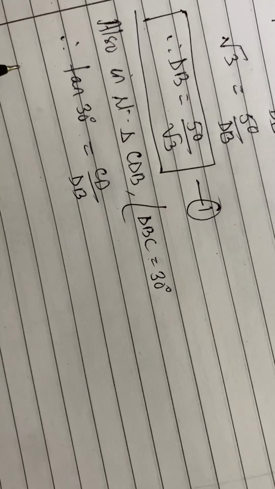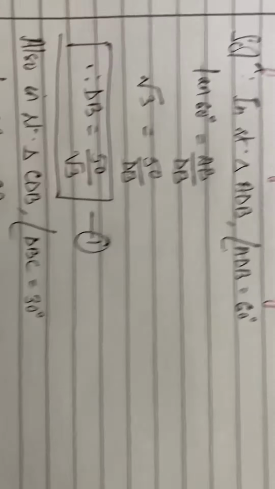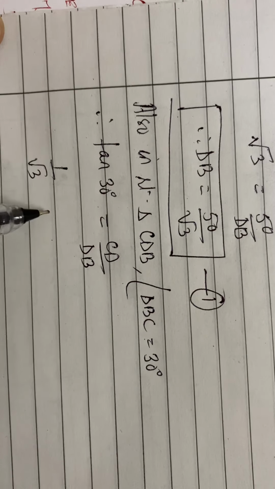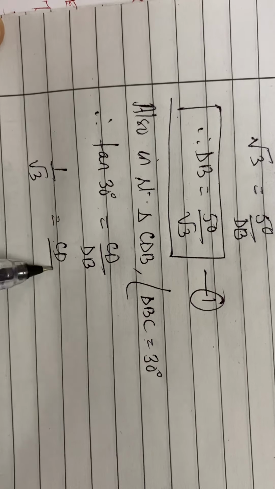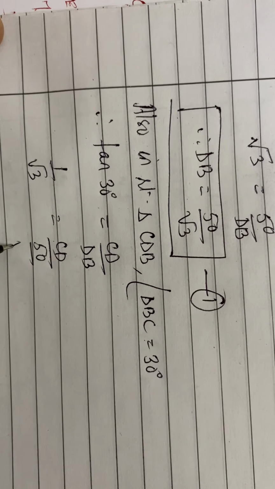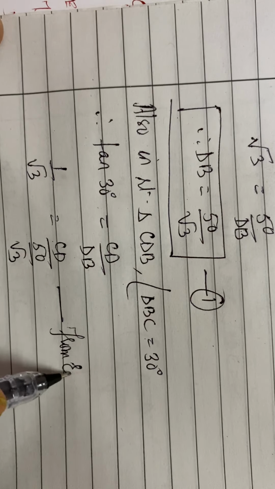What is the value of tan 30? Tan 30 is 1 by root 3. CD you have to find out. DB you have 50 upon root 3, from equation 1.